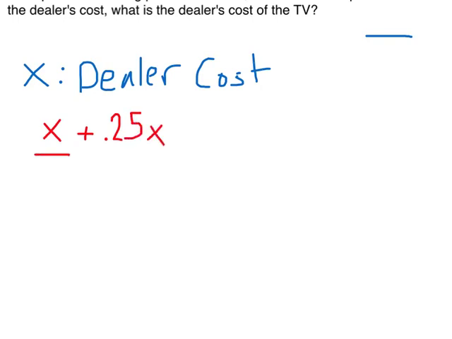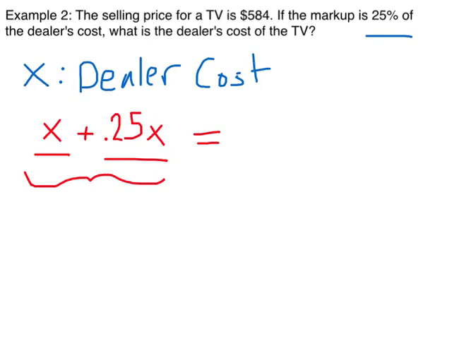So we have X, which is the dealer cost, plus 0.25x, 25% of the dealer cost. That is our expression for the sale price. Well, we know that the sale price is going to be equal to $584.